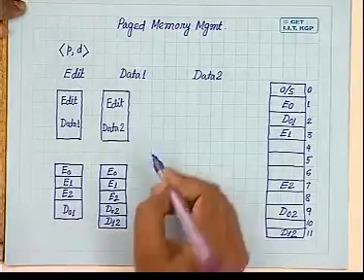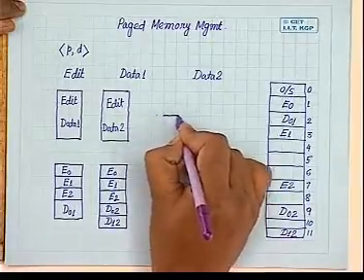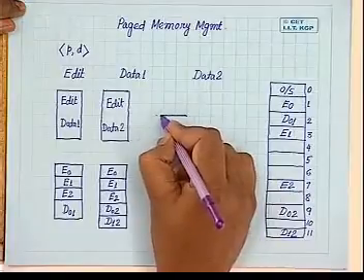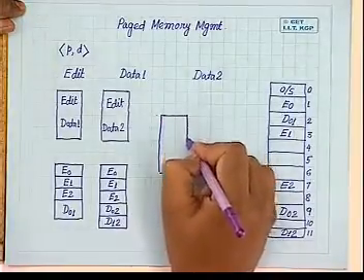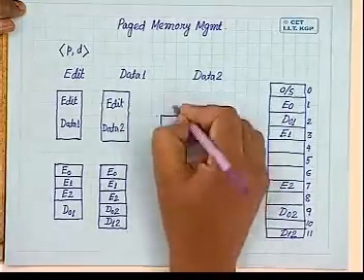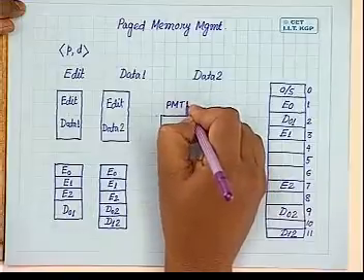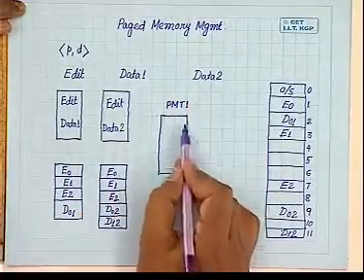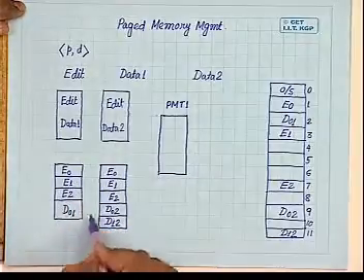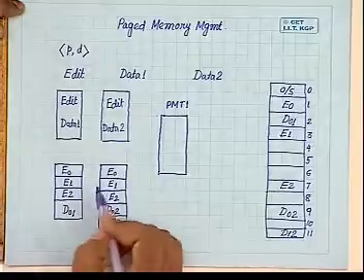In this case, the page map table of user program 1, I call it PMT1, will be something like this. This is page map table 1 for user program 1. For filling up this page map table, I have to consider the logical address space of user program 1.